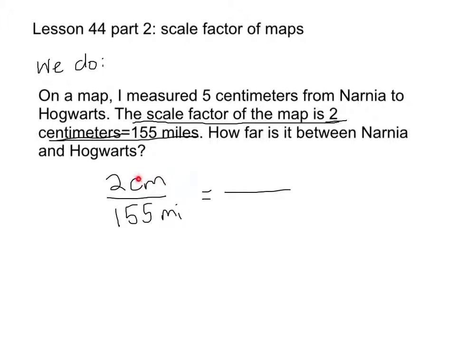So whatever label you have here stays on the top floor. So in this case it's centimeters, so we're going to put centimeters. And down here we have miles as our label on the bottom floor. So if miles is the label on the bottom floor, then miles needs to stay the label. So always keep your labels on the same floor as one another.